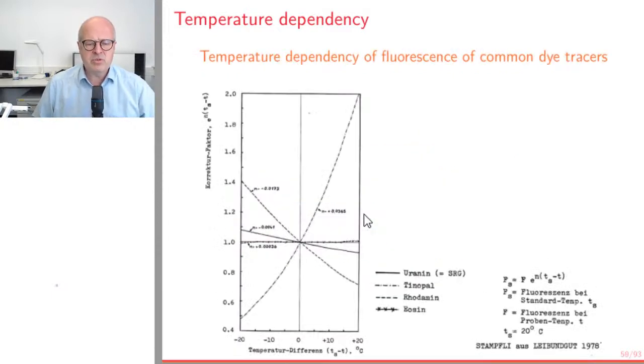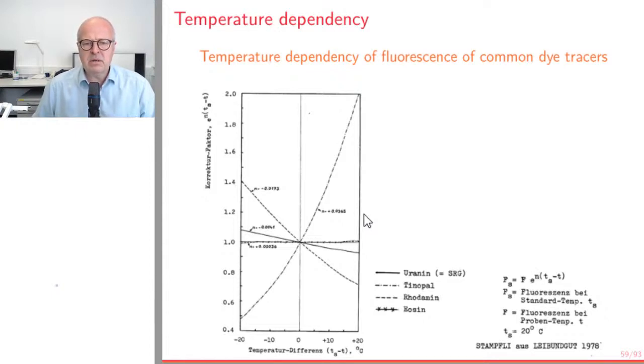So some tracers have very little or no temperature dependency. If we look at these different curves, uranine has a low temperature dependency, and so does sulforhodamine. This is the solid curve, and the strongest temperature dependency is given by tinopal, which is not used very much anyway.